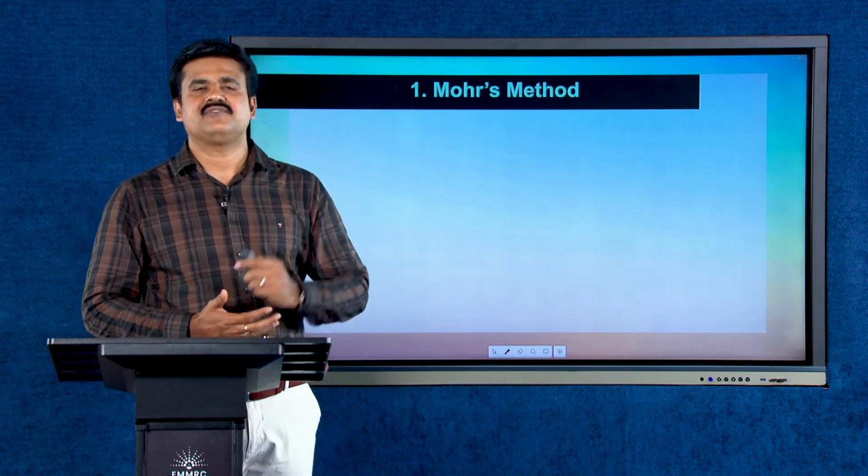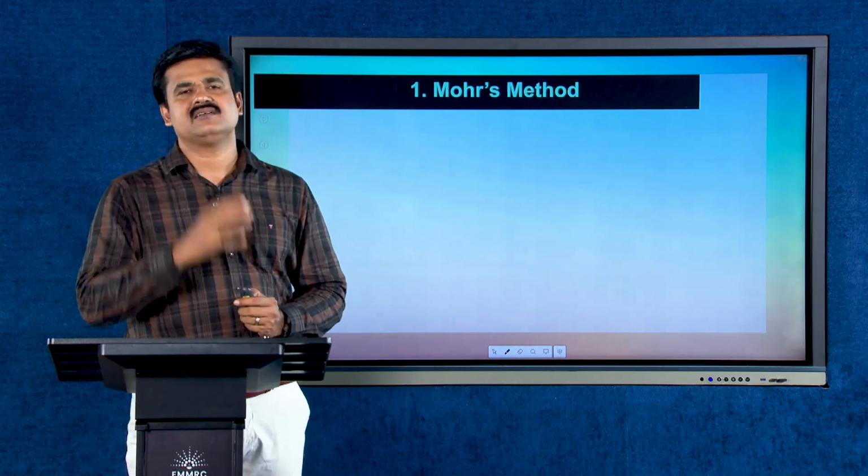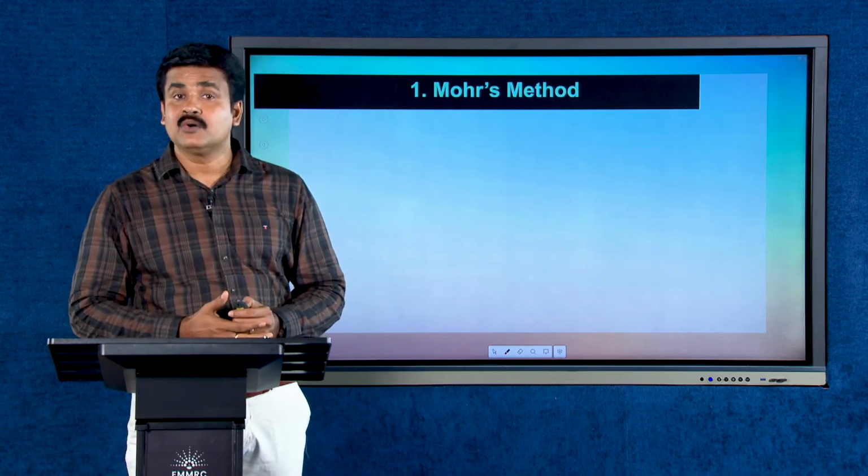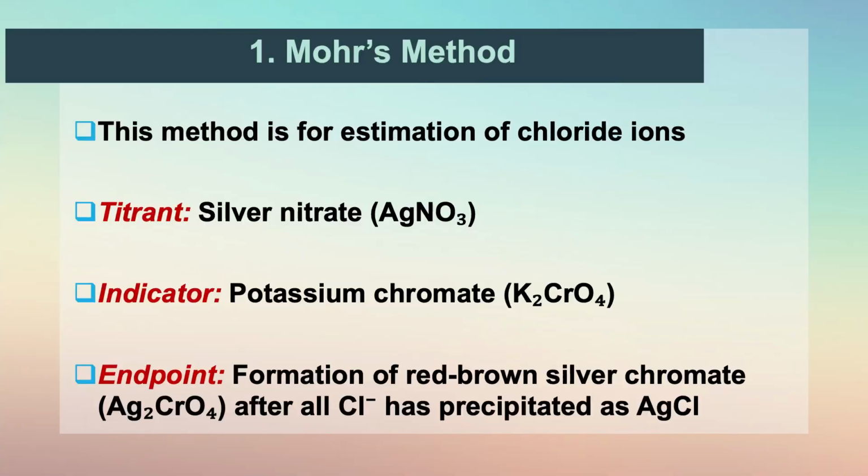And this first method is a named method. It is nothing but Mohr method. This Mohr method is used for estimation of chloride ions present in a given solution. And in this method, the titrant used is standard silver nitrate. And the indicator used for this reaction is a specific reagent.